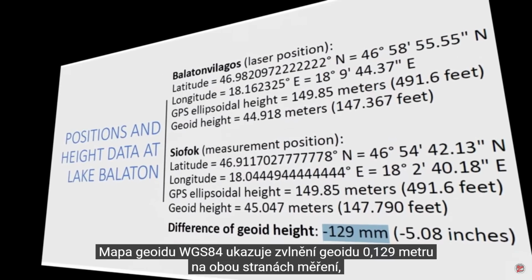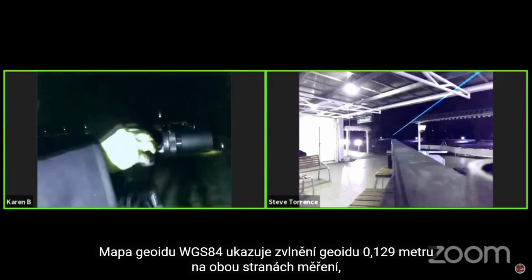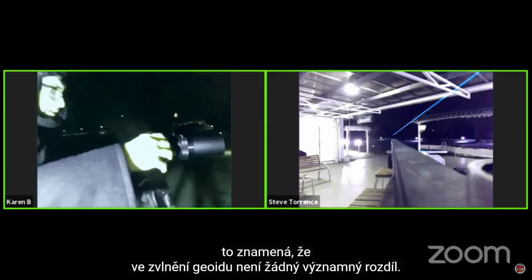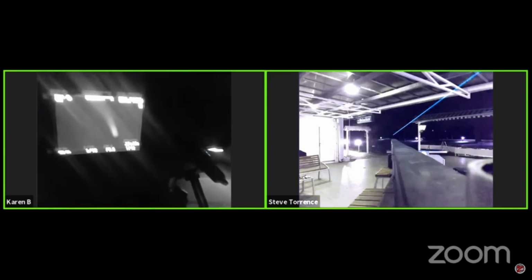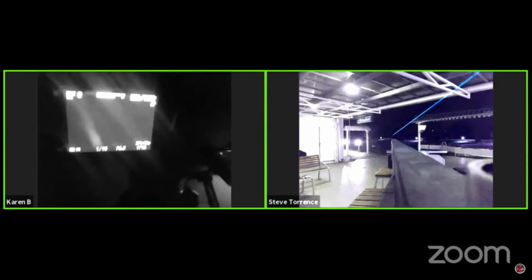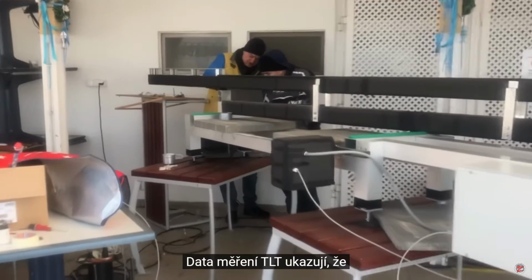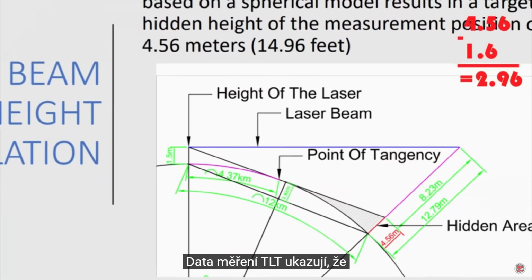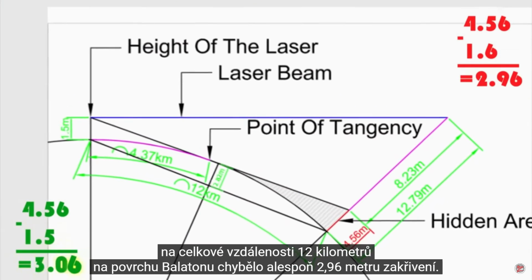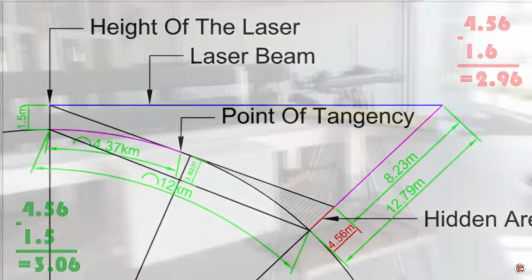The WGS-84 geoid map shows 0.129 meters geoid undulation at both sides of the measurement. That meant there is no significant difference in geoid undulation. The TLT measurement data shows that at least 2.96 meters of curvature was missing on the total distance of 12 kilometers on the surface of Lake Balaton.